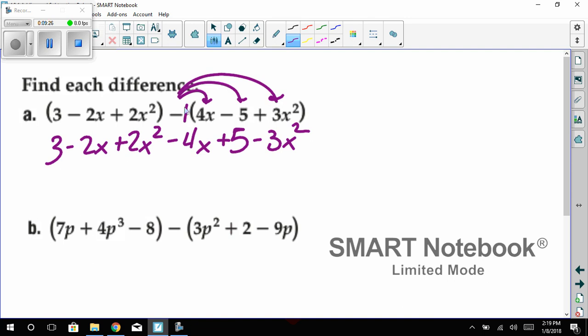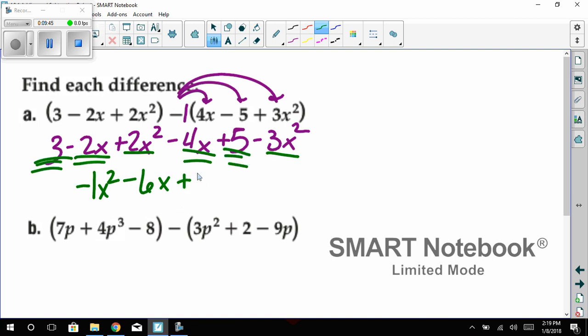Just start out by distributing the negative and then combine like terms. Start with the x squareds. We're going to get negative 1x squared, or negative x squared. Then the x's, negative 6x, and finally 8 there. Go ahead and do the next one.